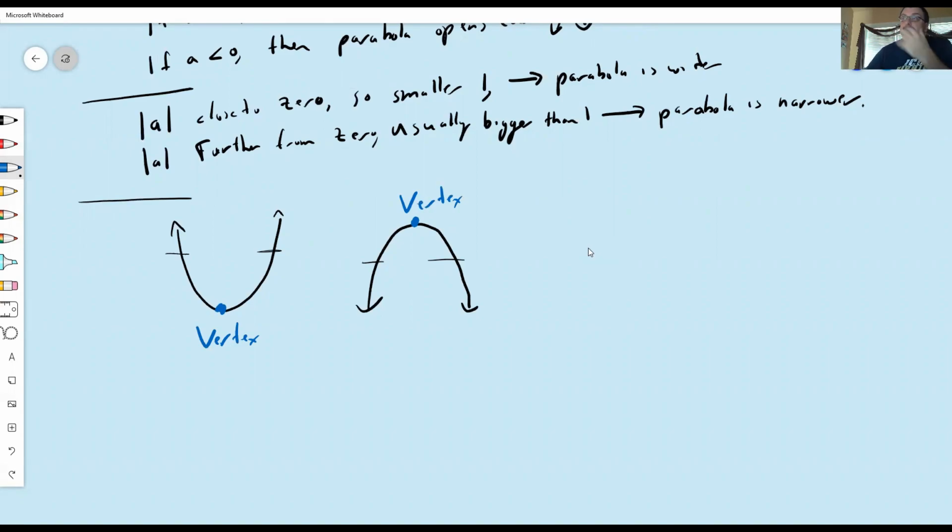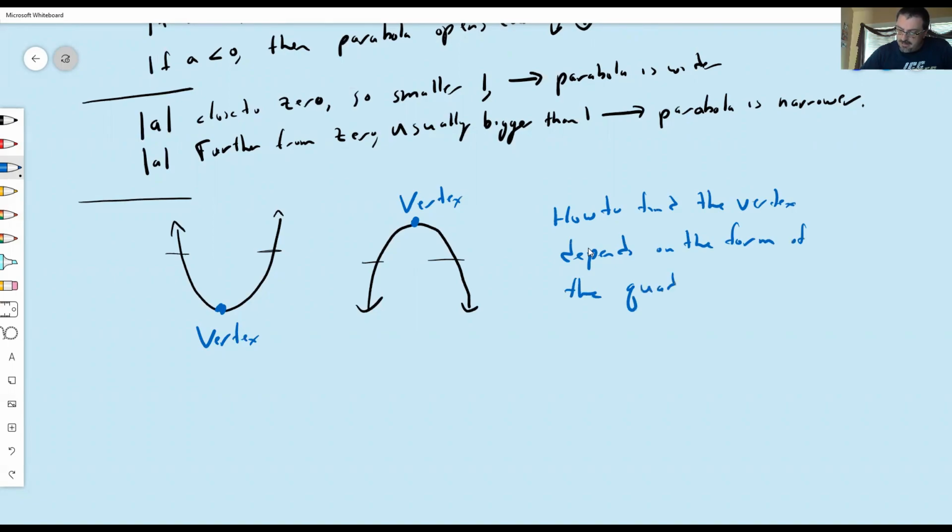How you find the vertex depends on what form you're in. So I'm going to note here: depends on the form of the quadratic equation.